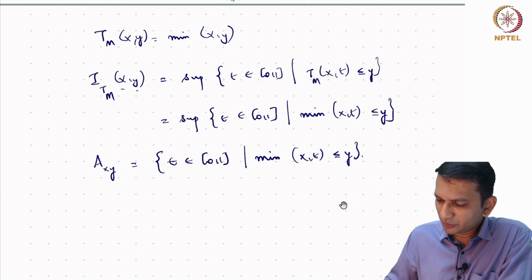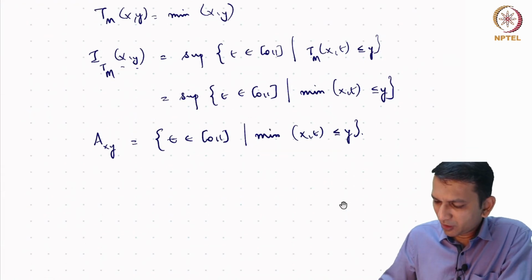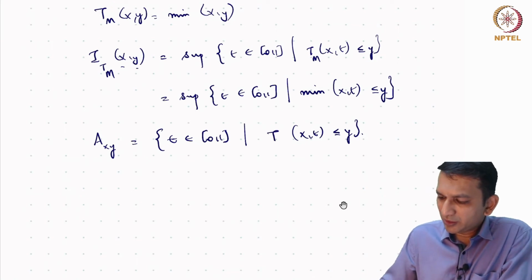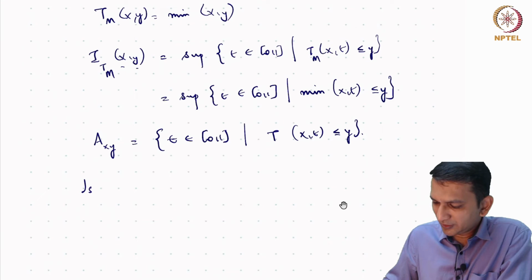First of all, we should see in general how this set would look for any T. That is, if I remove min here and put just T, the first question is, is A_xy equal to [0,1] for some x comma y?